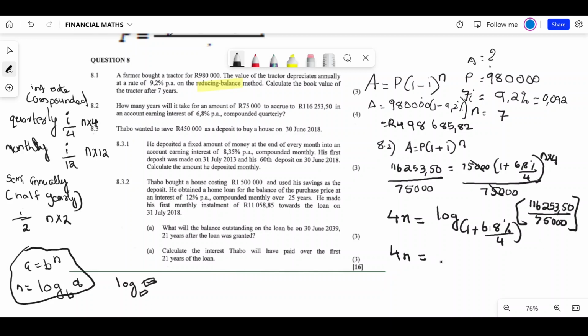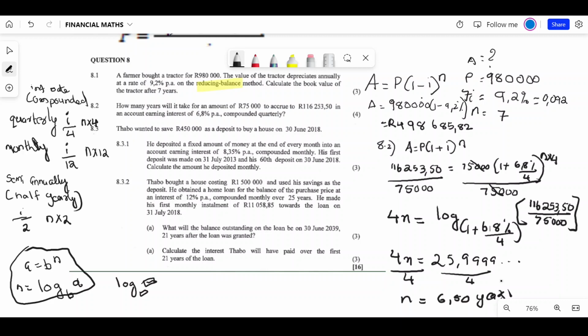When you use the log button, you get equal to 25.999 etc. Dividing by 4 on both sides, you get n equal to 6, rounding off to 2 decimal places will give you 6.50 years. That is the answer.